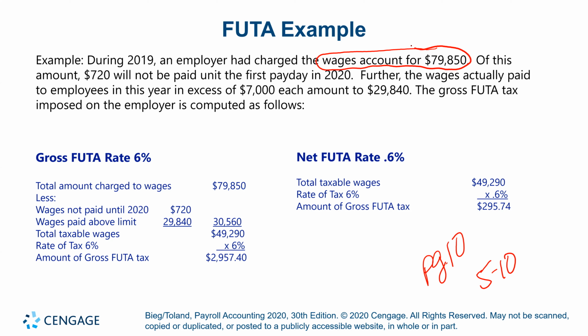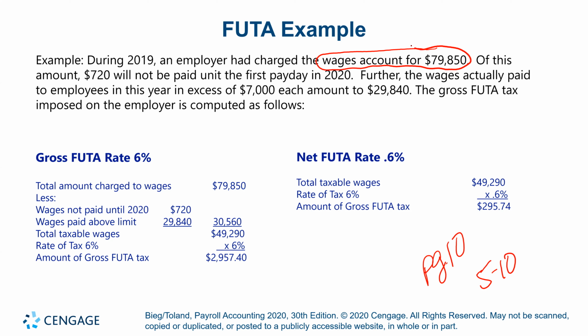Just like it tells us in our book, we only pay unemployment tax on wages that have actually been paid. They use the term constructively paid. Wages are considered paid when actually paid or when constructively paid.